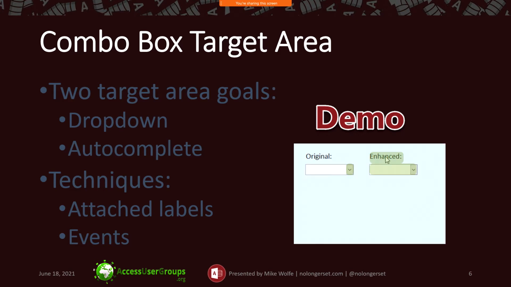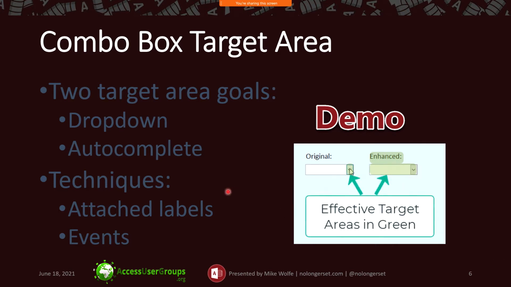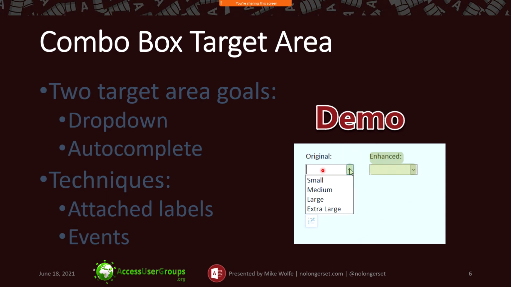So here's a quick demo that is, I think, going to make it a little bit easier to see what I'm talking about here. On the left side, we have the default behavior. When you want to get the combo box to drop down, you have to hit this little target here.